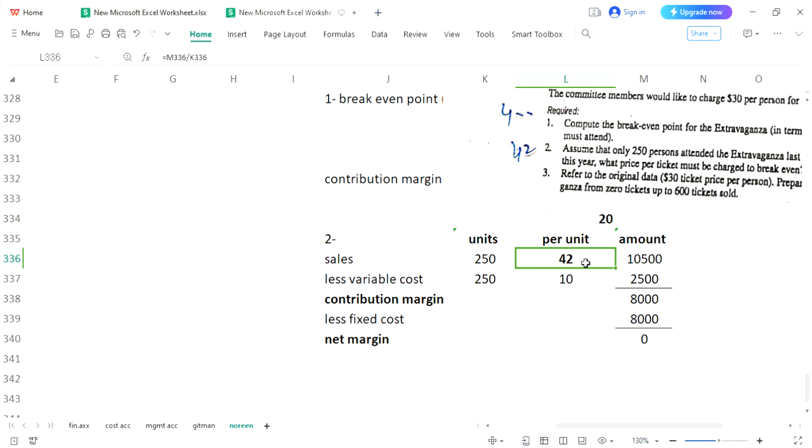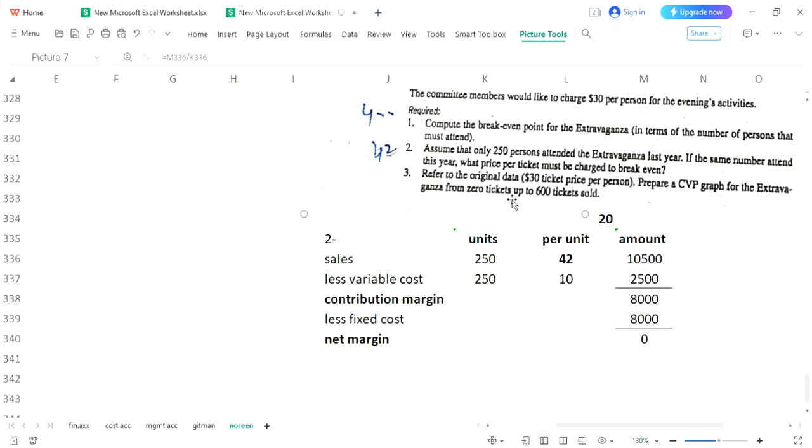So the second part is also solved, and our requirement was to calculate per unit sale price, and this has been calculated as 42. Now he is saying refer to the data, 30 per person. Prepare a CVP graph for the extravaganza. As I have said, you will create your graph by yourself, and cost, volume, profit, all three would be mentioned over here.